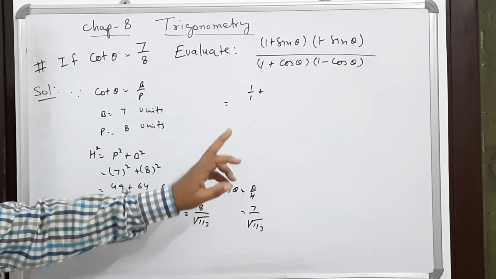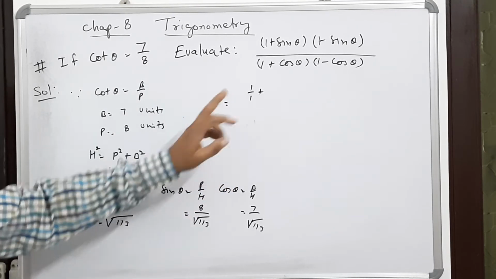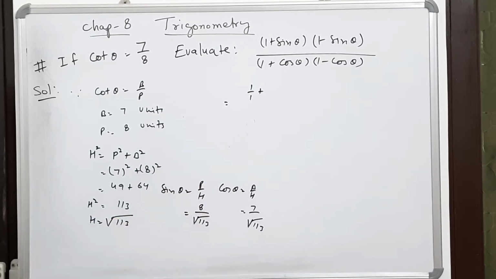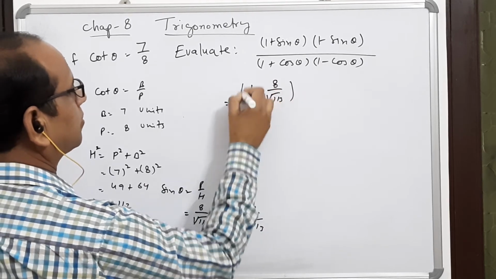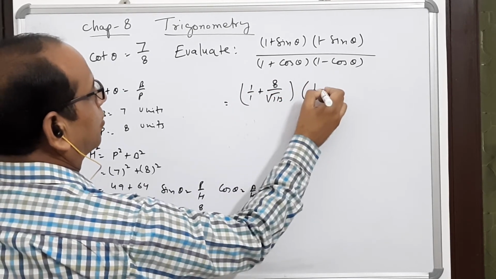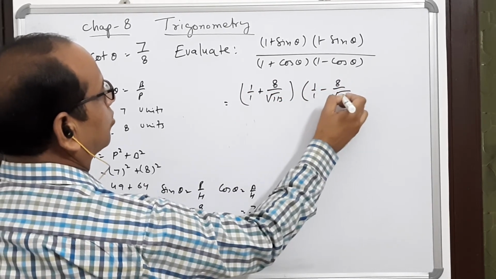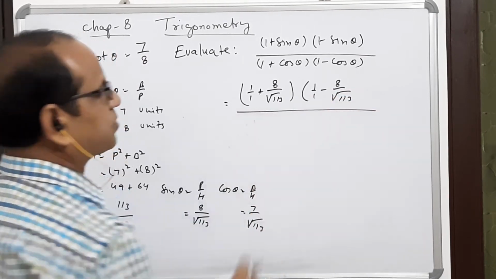Now we will apply these two here. So 1 plus sin theta, where sin theta is 8 upon root 113, and 1 minus 8 upon root 113. That is the first part.